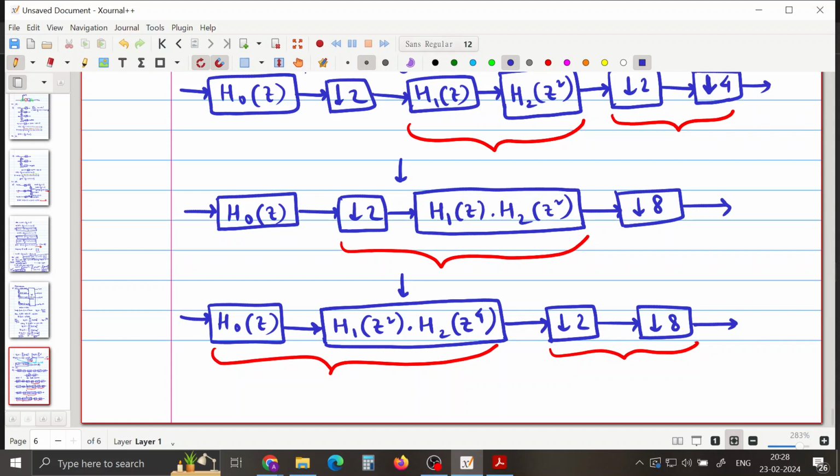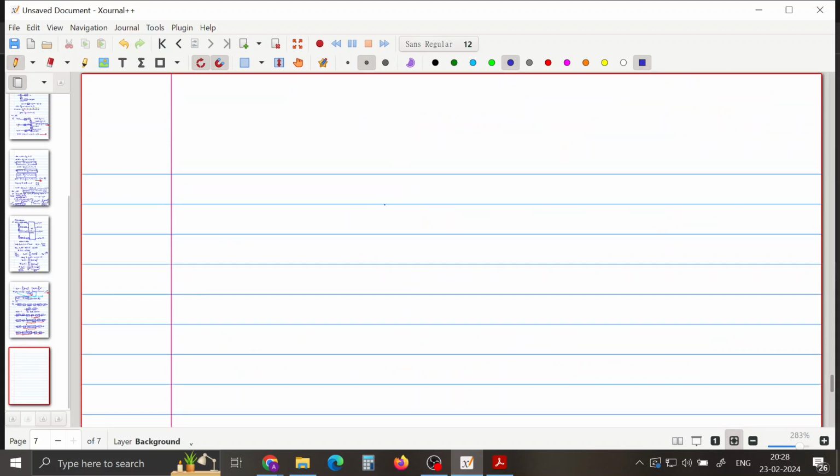So I'm going to the next page. That gives me h naught of z times h1 of z squared times h2 of z to the power 4.